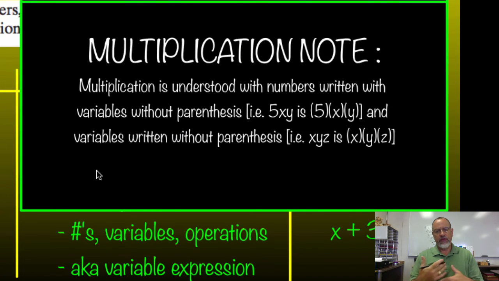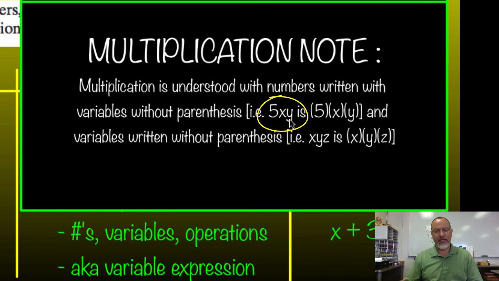Additionally, if you have variables with numbers, they usually don't use parentheses. If you have numbers next and letters next to each other and there aren't any other operation symbols between them, there's no plus sign, there's no minus sign, there's no division sign, and there's no multiplication sign, then that means this is a multiplication problem.